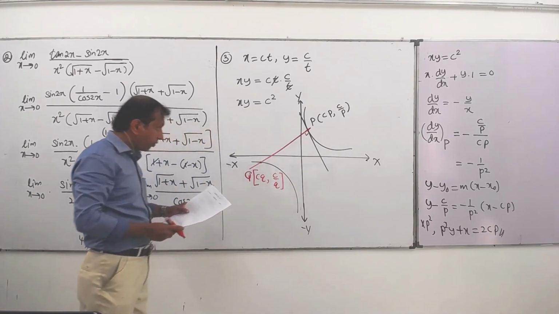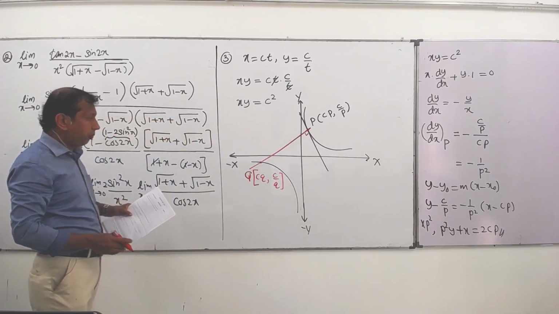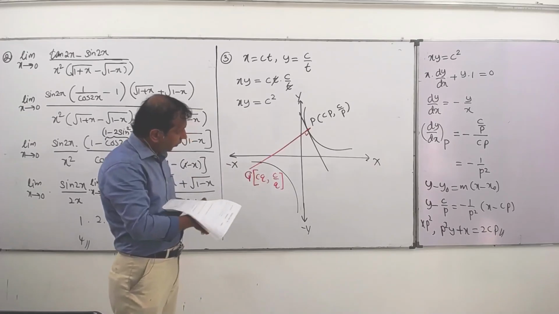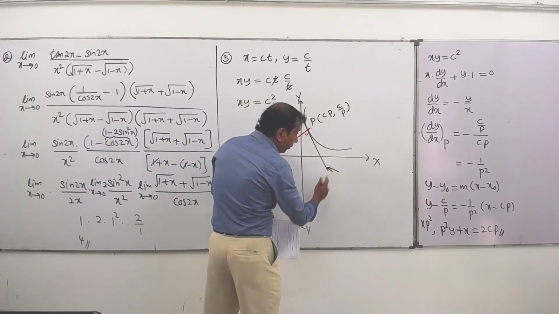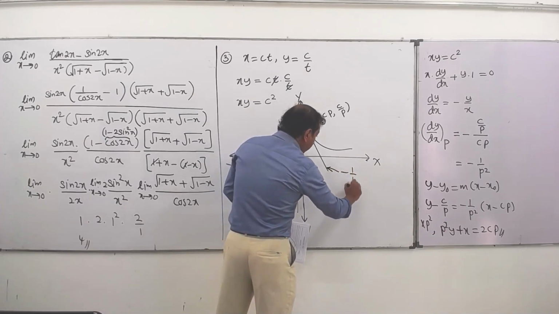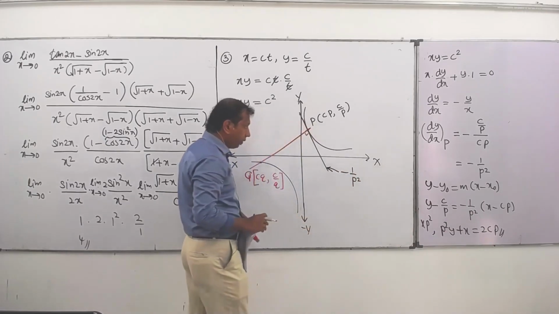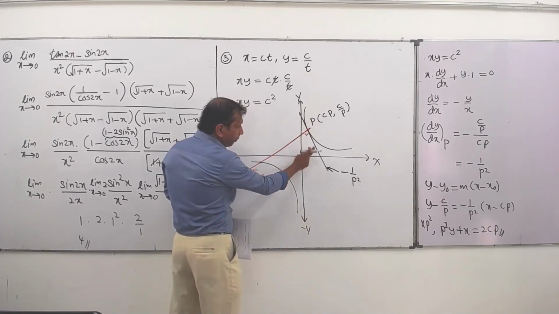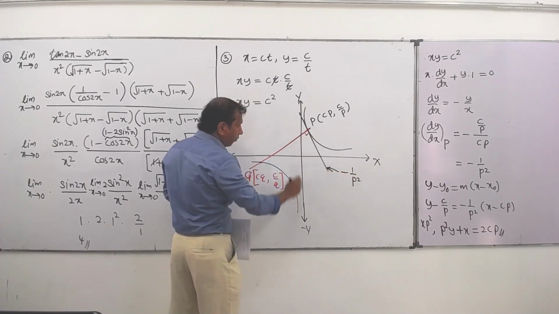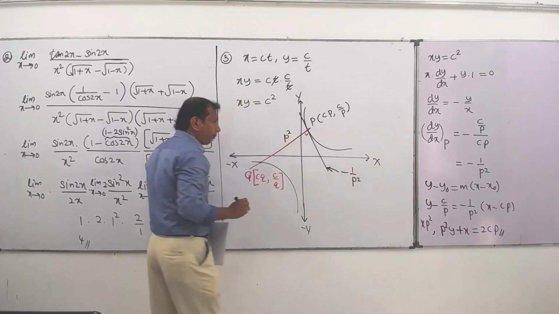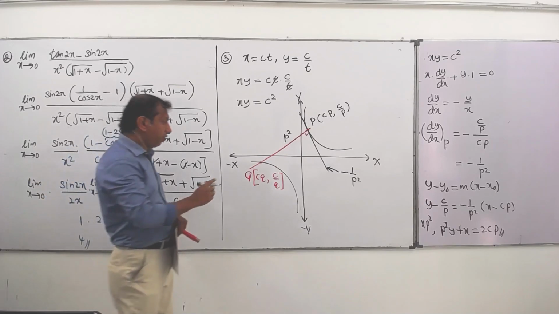Then we are asked to show this. But now you know the gradient of this tangent, just now we found minus 1 over p squared. This red line is perpendicular to this black. Then the gradient of the red one is going to be the reciprocal of this, with the sign changed. We get p squared is the gradient of this red line.